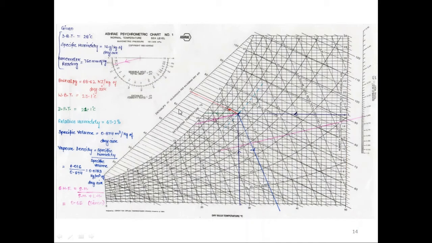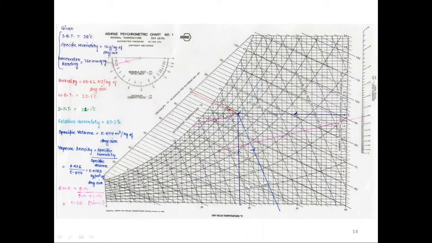Again, we will find the value of enthalpy: 60, 62, 64, 66, 68. This is between 68 and 70, but near to 68. So we have assumed this value as 68.62 kilojoule per kg of dry air. You can also match the color of the line.